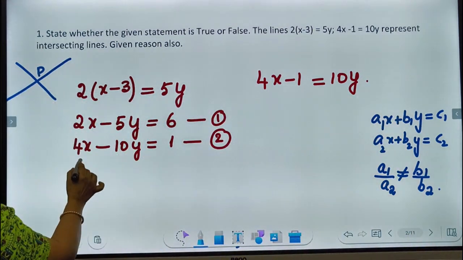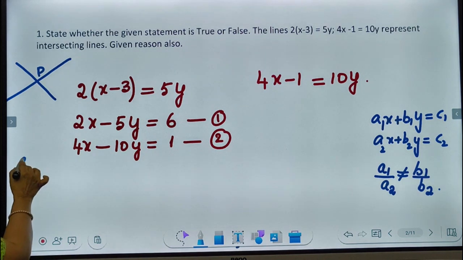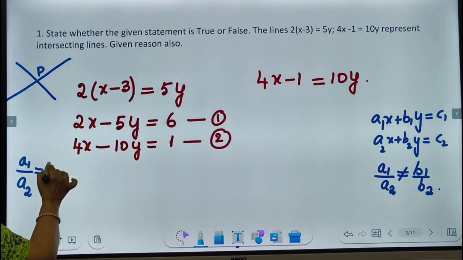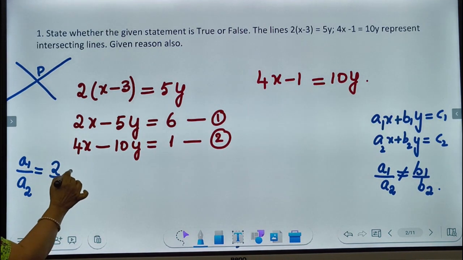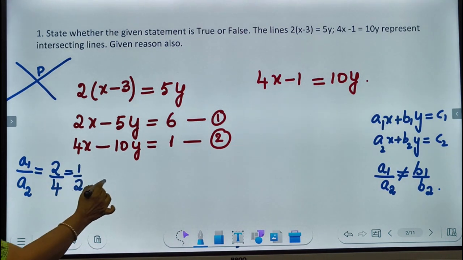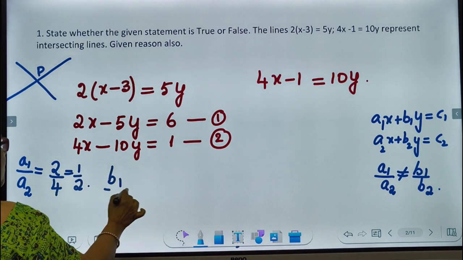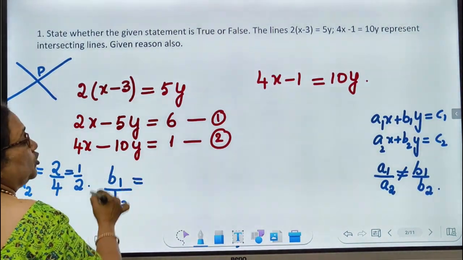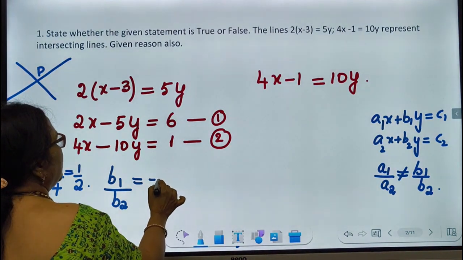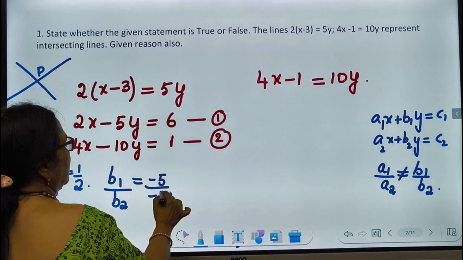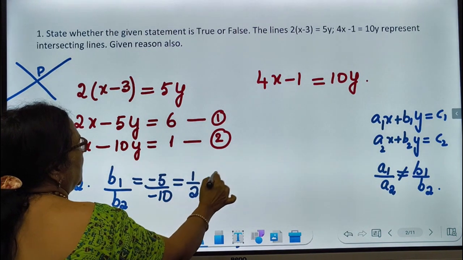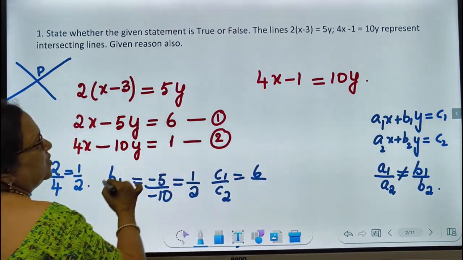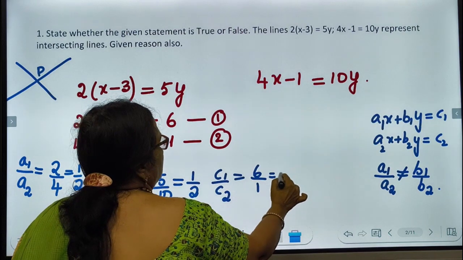Now first check, is a1 by a2 equal to b1 by b2? a1 by a2 is 2 by 4, which is half. b1 by b2, the coefficient of y, is minus 5 by minus 10, equal to half. c1 by c2 will be 6 by 1, the constant terms, which is 6.